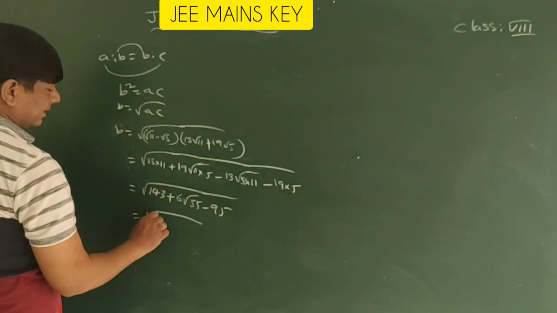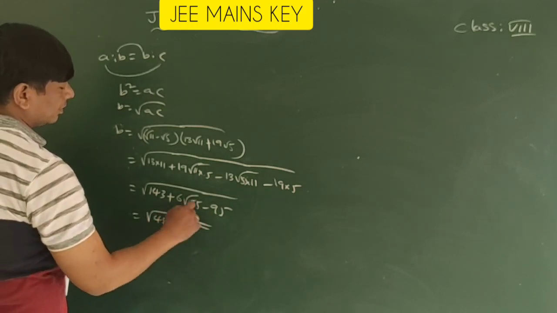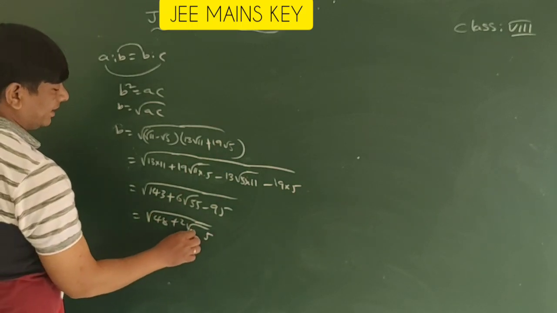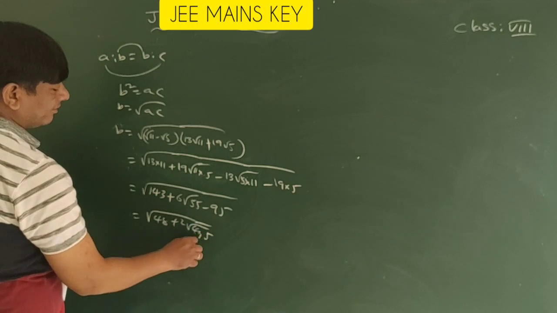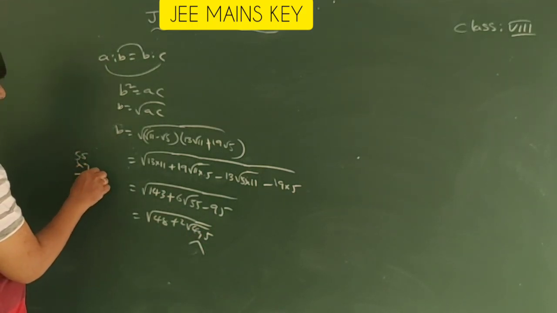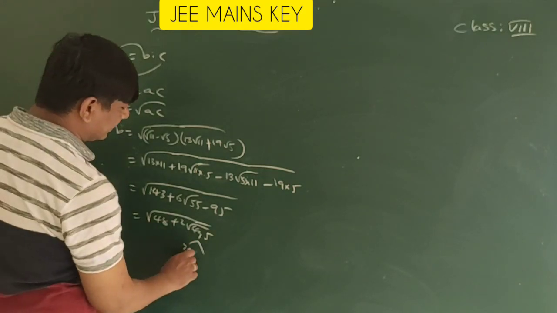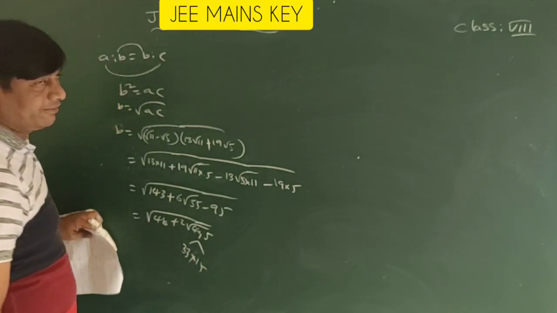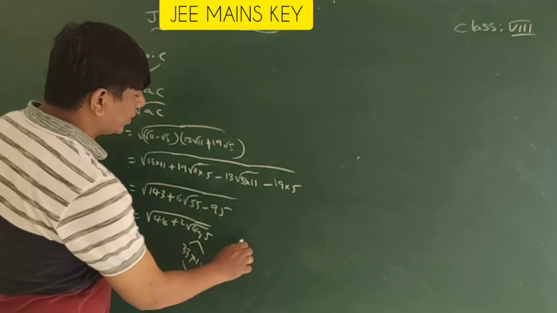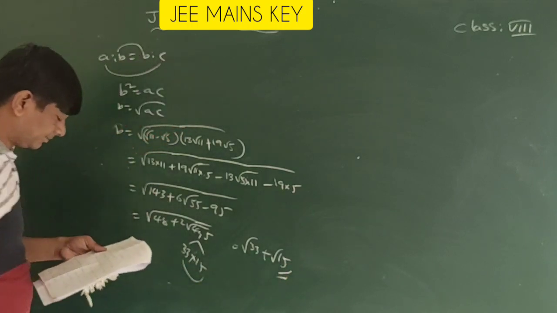Because 143 minus 95 is 48, plus 2 into 3 taken inside, 3 square means 9. 9 5s are 45, plus 4 is 49. Factorize this one. 33 and 15, 15 3s are 45, plus 4 is 49. 33 plus 15 is 48. So your answer will be root 33 plus root 15.